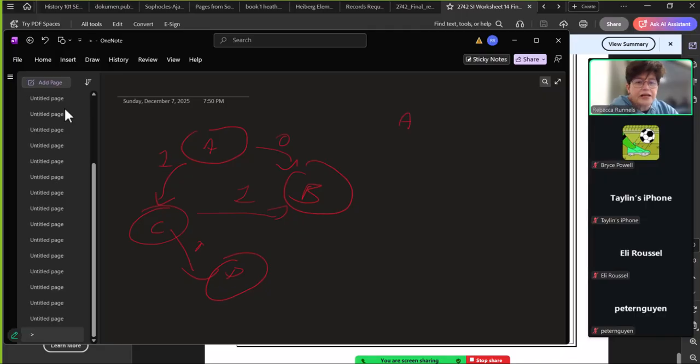And I set A equal to 0001. I set B equal to 0010. C equal to 0100. And D equal to 1000.